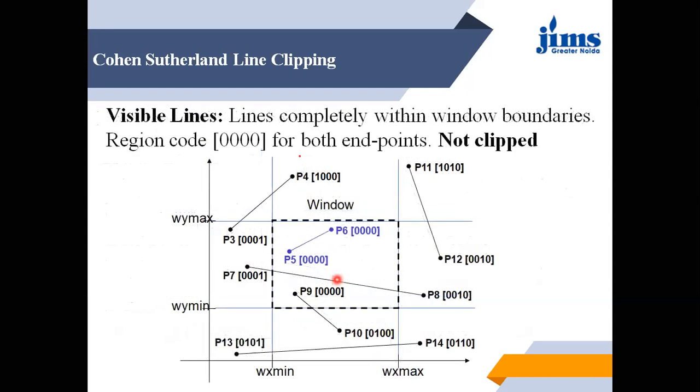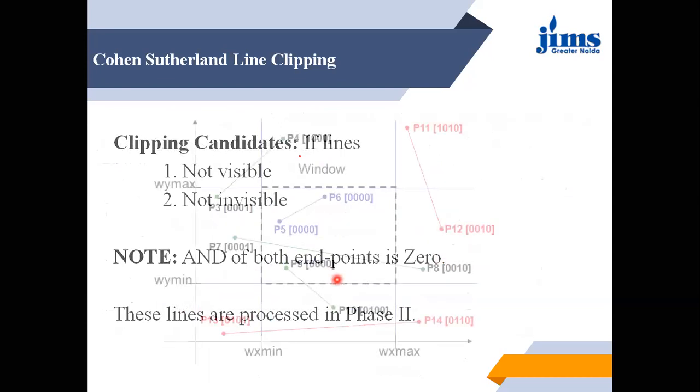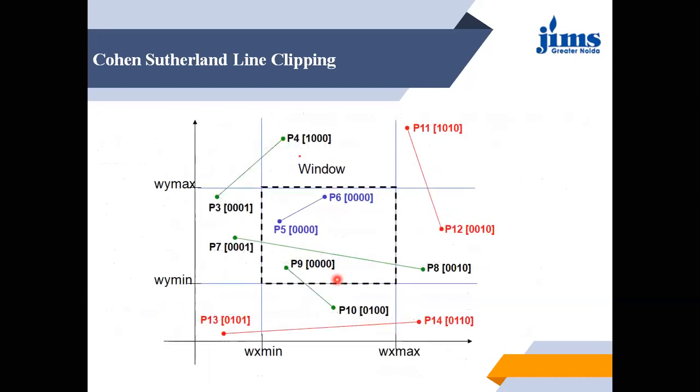To check whether it is a clipping candidate or not, we have to AND both region codes, and if the value of the AND operation of both is 0, in that case we have to perform the clipping on the line.